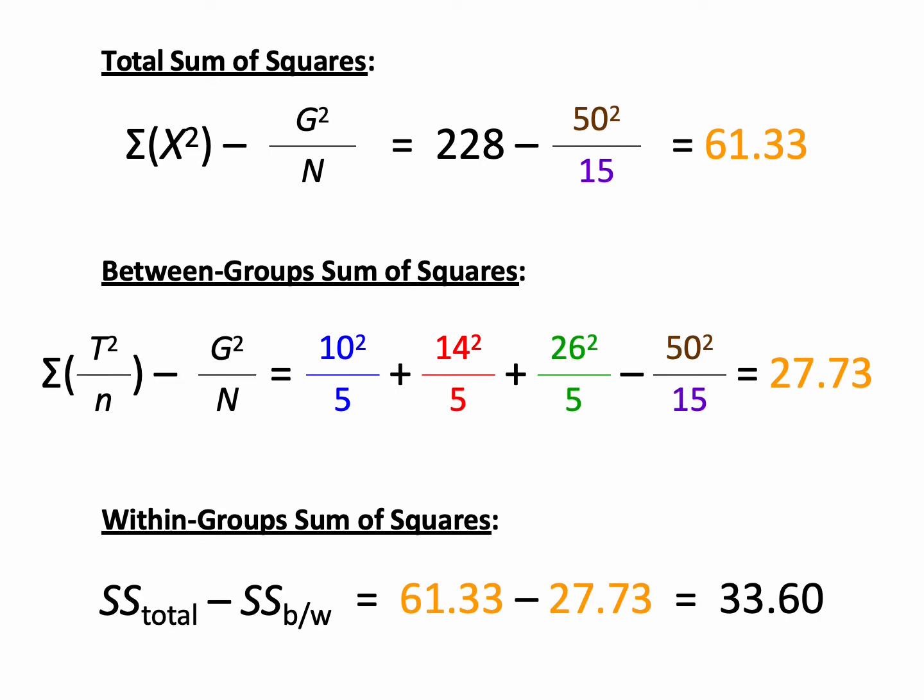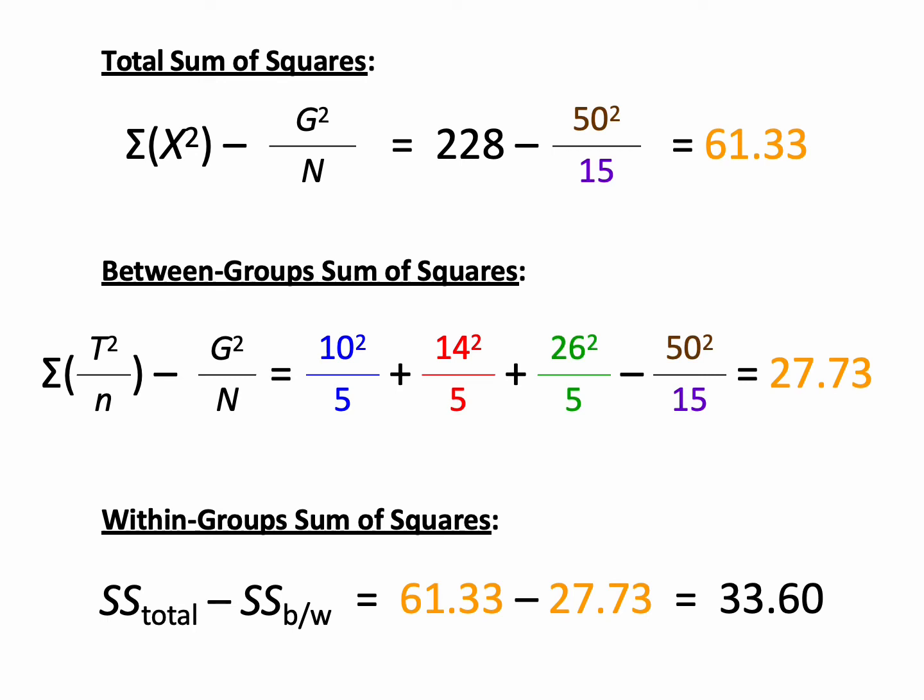We sum up all of those things, and then we subtract 50 squared divided by 15. If we do that, we get 27.73.